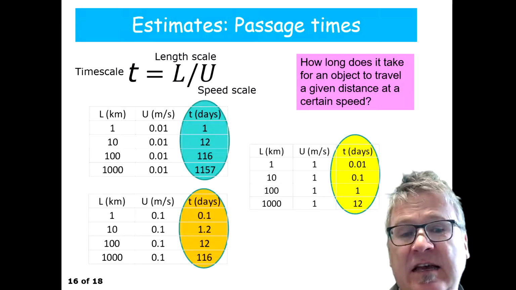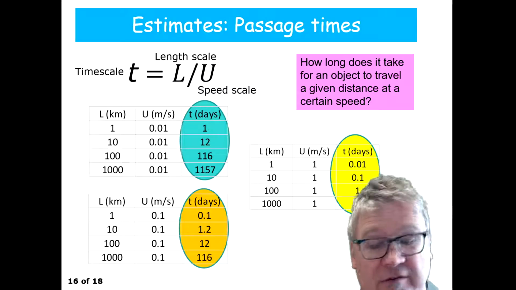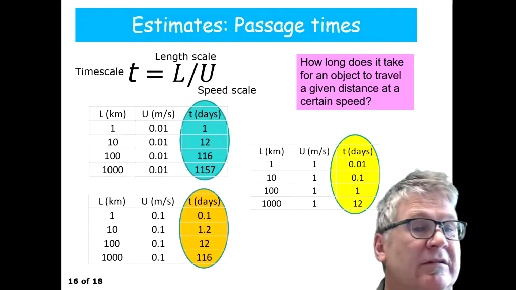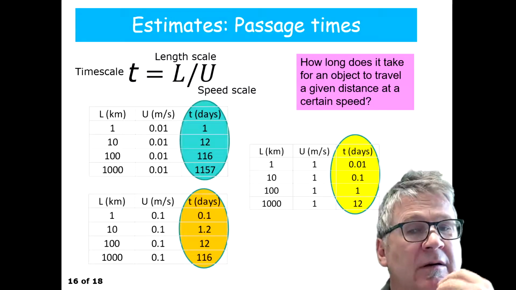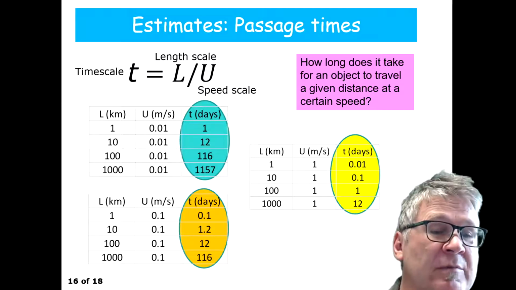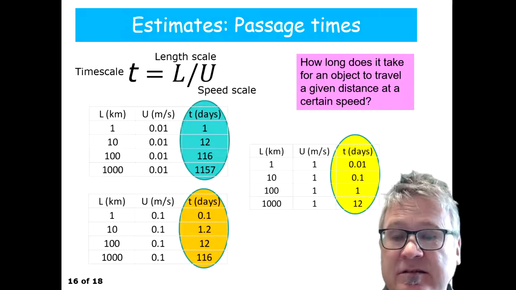So it's not as easy as you might think it is. Okay, so that gives you some really good little tricks of how to estimate the time scale, or how you estimate the displacement distances. All right.